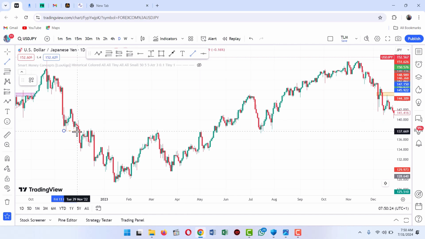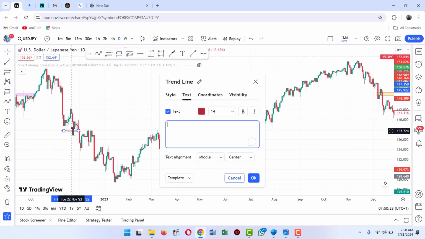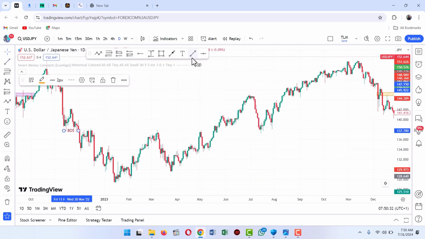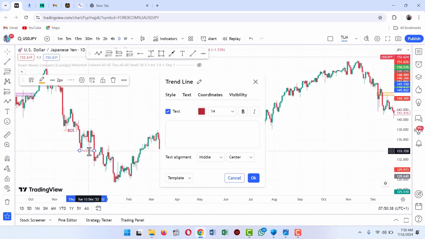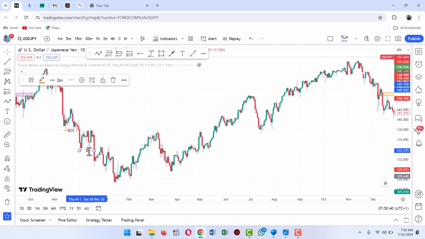There's a break of structure here. There's a break of structure. There's a break of structure. There's a break of structure. There's a break of structure.